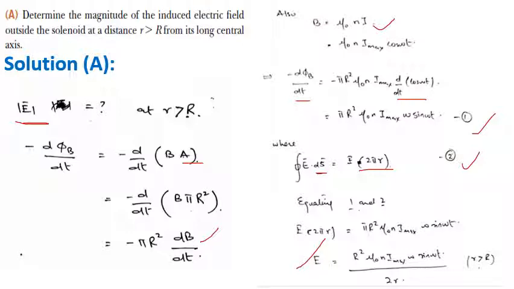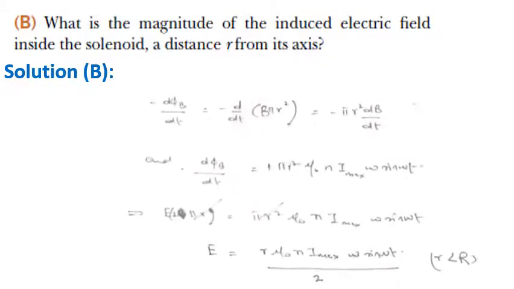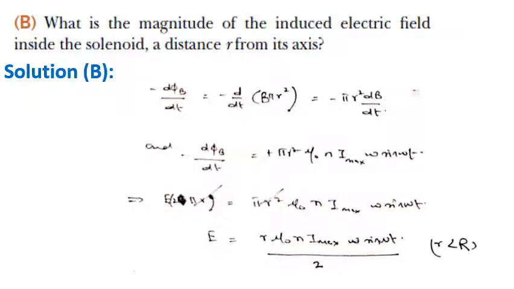Now, what is the magnitude of the induced electric field inside the solenoid at a distance r from its axis? So again, we have minus d phi B over dt, which equals minus d by dt of B into area, and solving it the way we have done in part A, we get this.